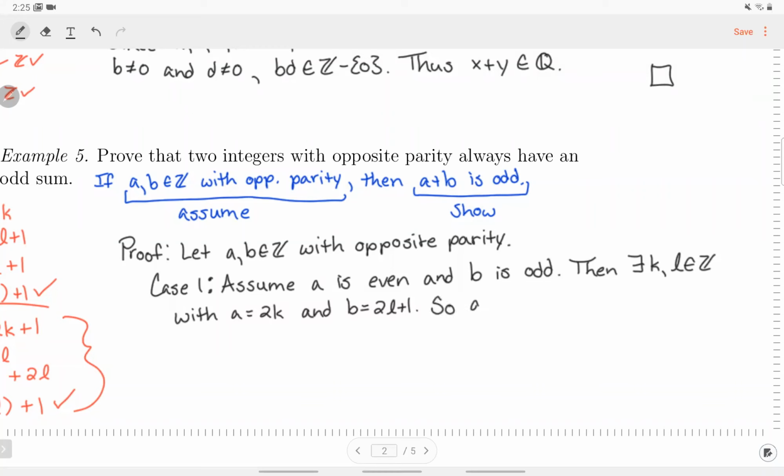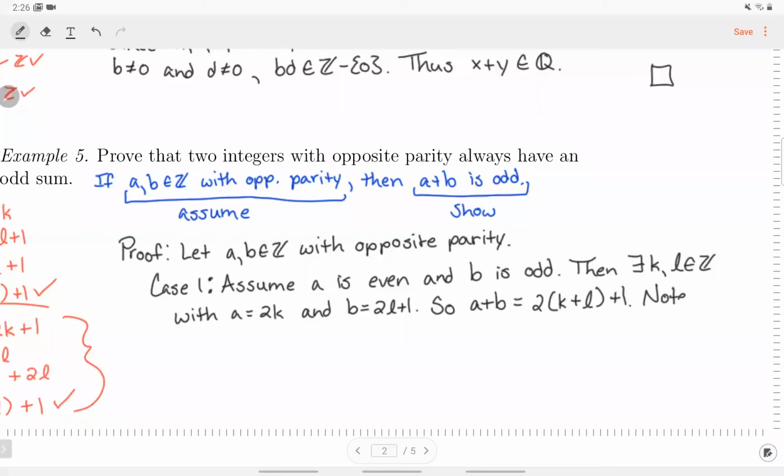So A plus B equals, again, you can assume they can do basic algebra, so we can even jump to this last step, 2 times K plus L plus 1. If you want to write the intermediate step, that's fine, not a big deal, but you're allowed to jump to the last step here.